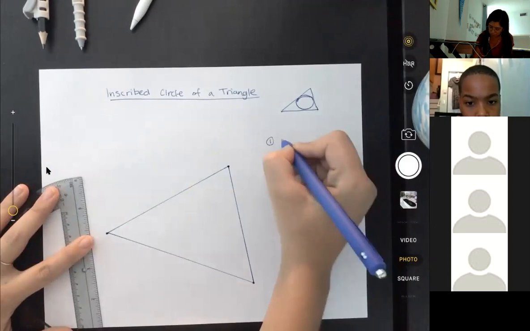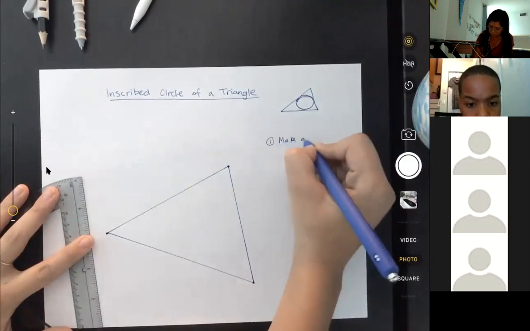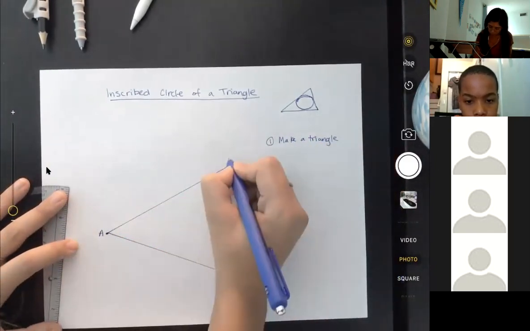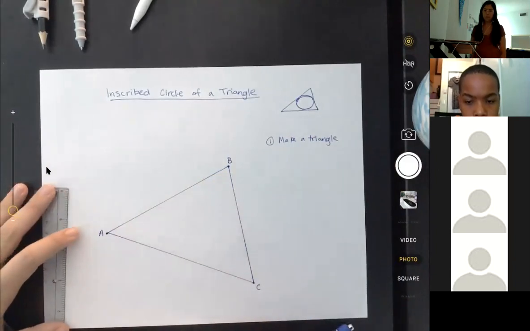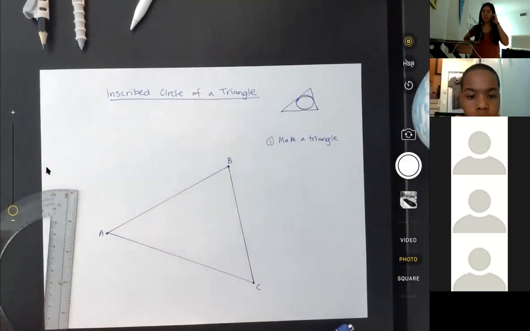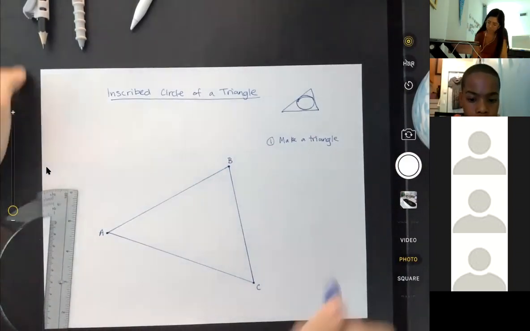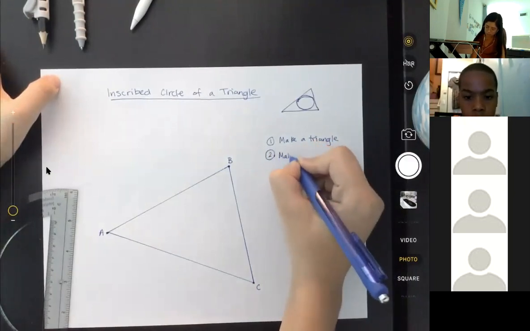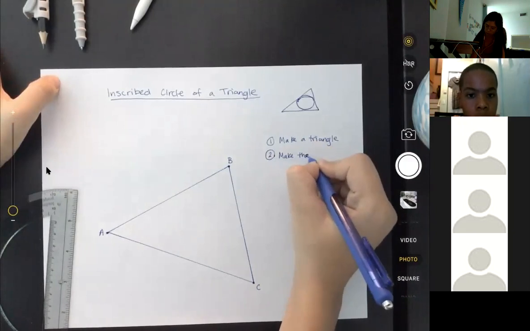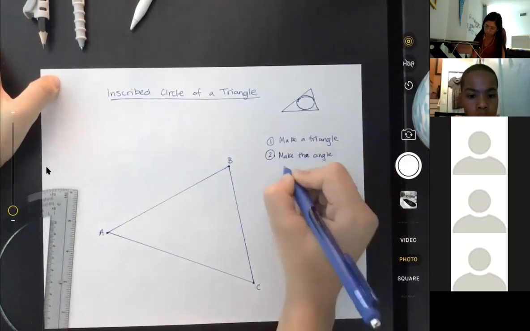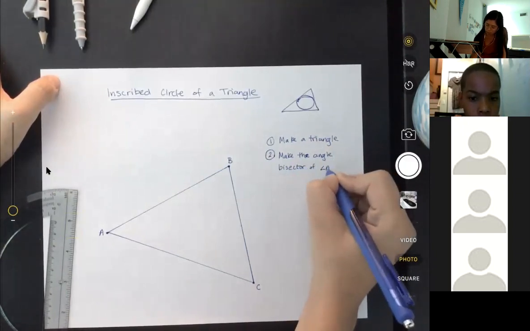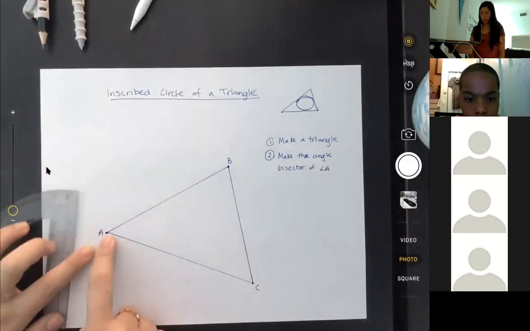So step 1, make a triangle. And I'm going to label mine A, B, C. And once you've got your triangle, what you're going to do next is to make the angle bisector of angle A. So here's angle A. I want to draw my angle bisector.